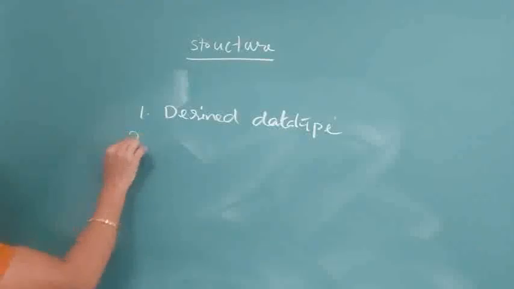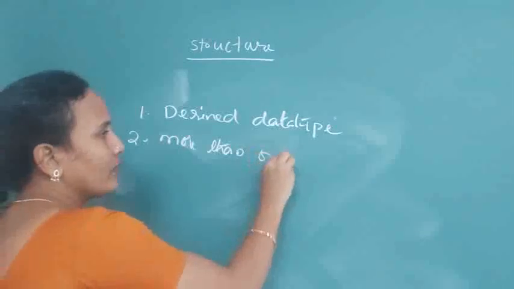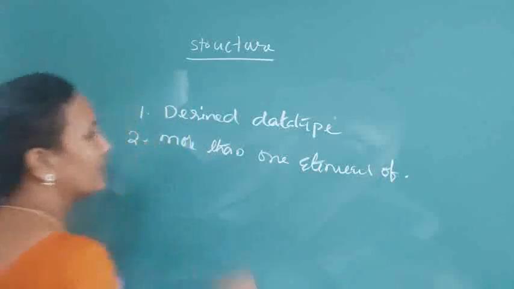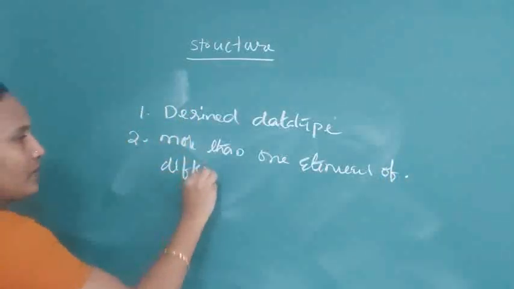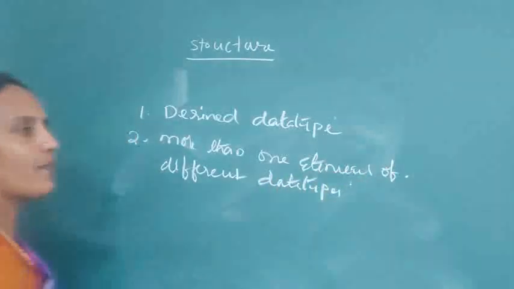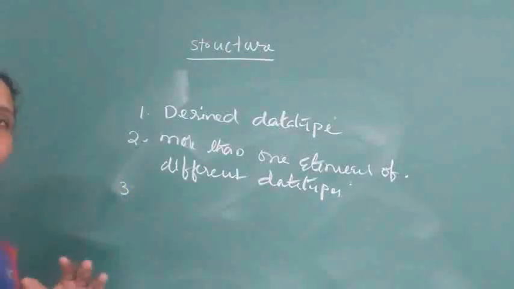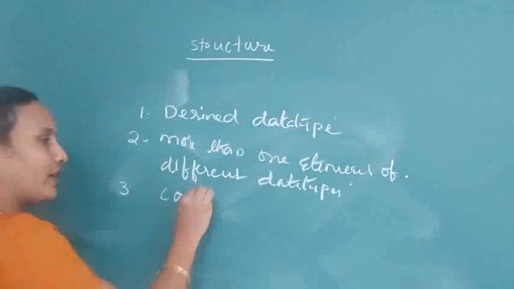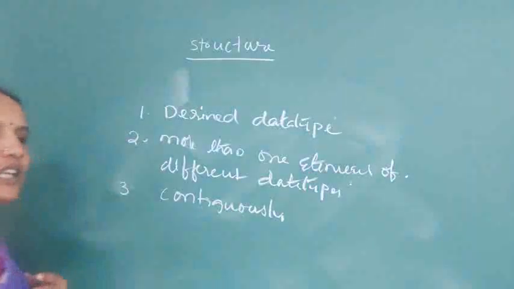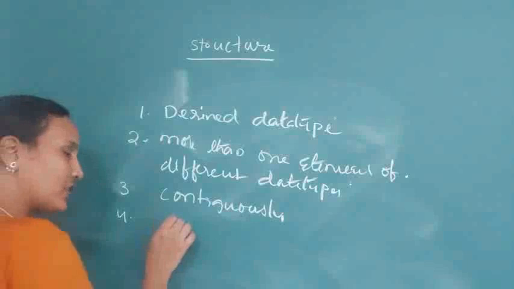Here we can store more than one element of different data types. Whatever elements you are storing, all the elements are stored continuously, sequentially like an array.